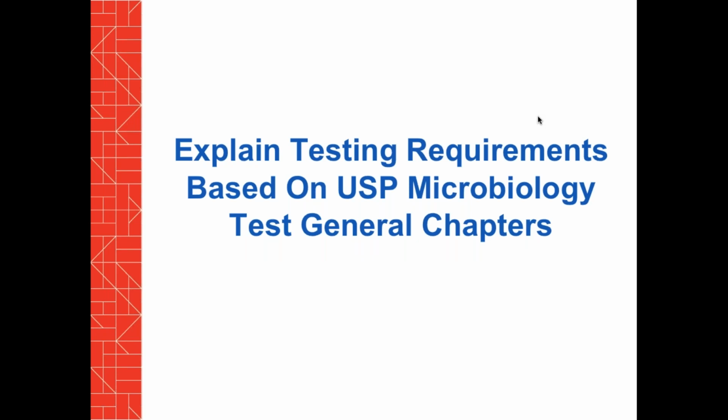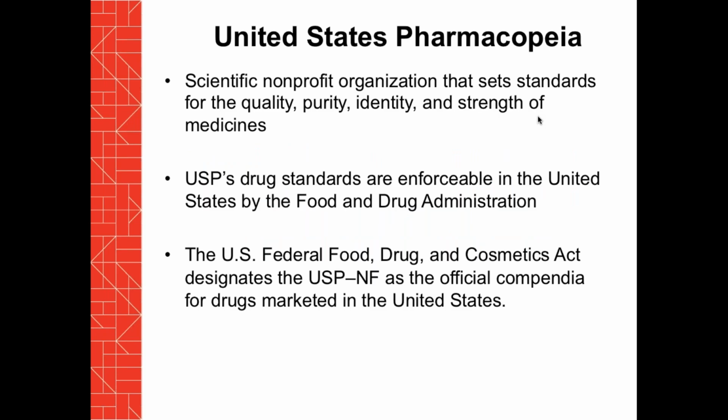First, let's explain some of the testing requirements based upon the USP microbiology test general chapters. To set the basis, we know that the USP is a scientific nonprofit organization that sets standards for quality, purity, identity, and strength. Those terminologies have been discussed and covered quite a bit in the past.